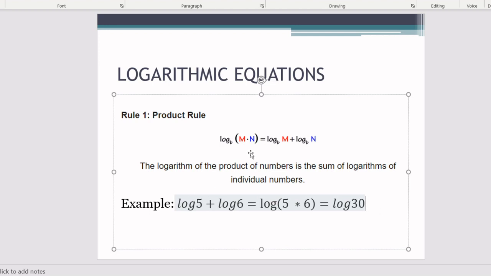If you input this in the calculator, we can prove that this is equal. Notice I did not put the base. It is automatically understood in your calculator that if there is no base, the base is equal to 10.